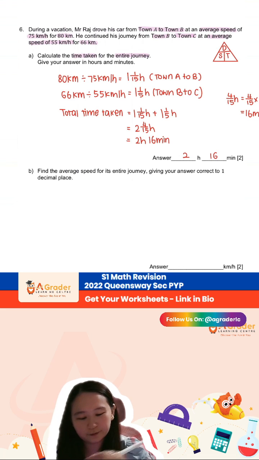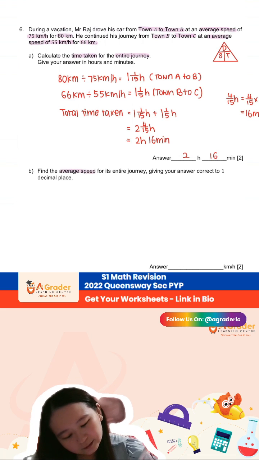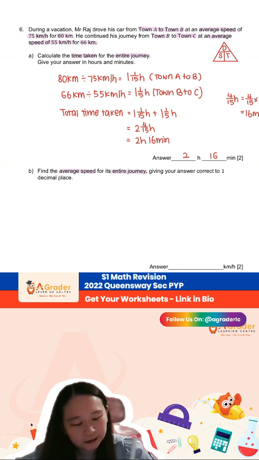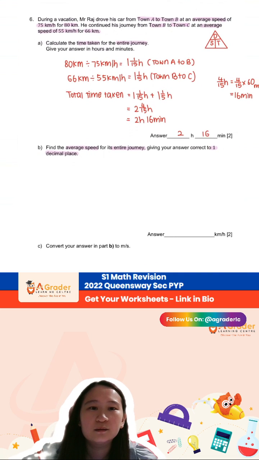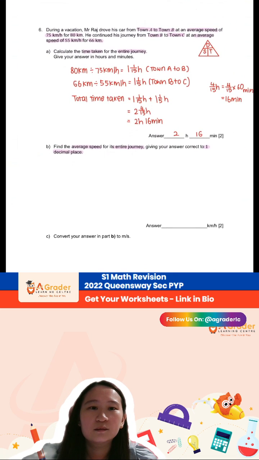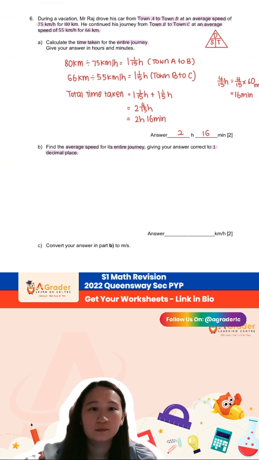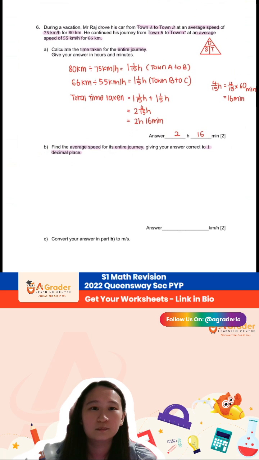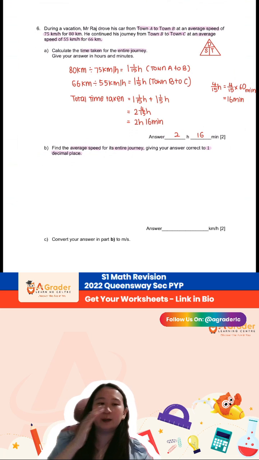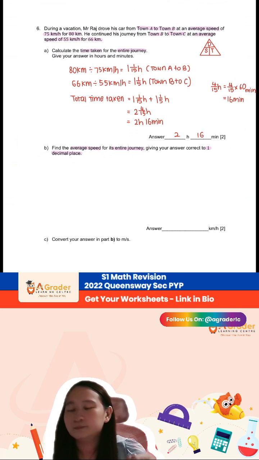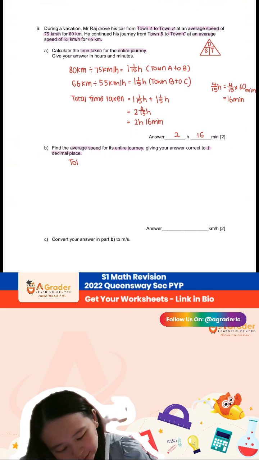Find the average speed for its entire journey, giving your answer correct to 1 decimal place. So when we want the average speed, we have to find the total distance divided by the total time taken. But the total distance is not given, so we have to find our total distance.